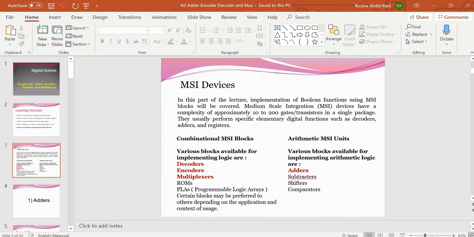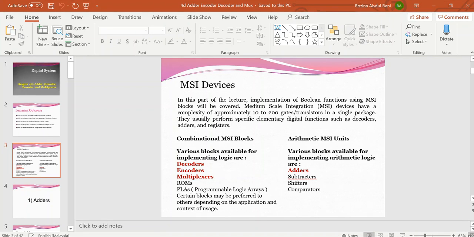MSI were attractive economically because they cost little more, and systems could be produced using smaller circuit boards, less assembly work, and a number of other advantages.